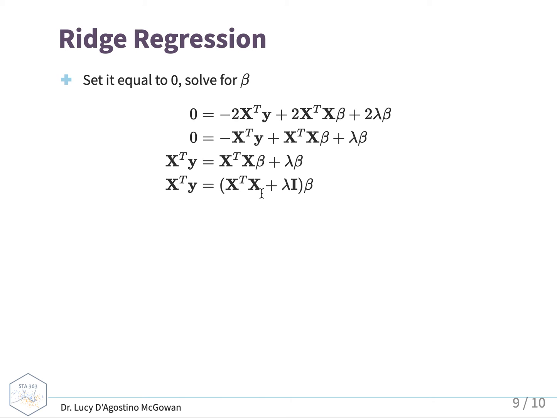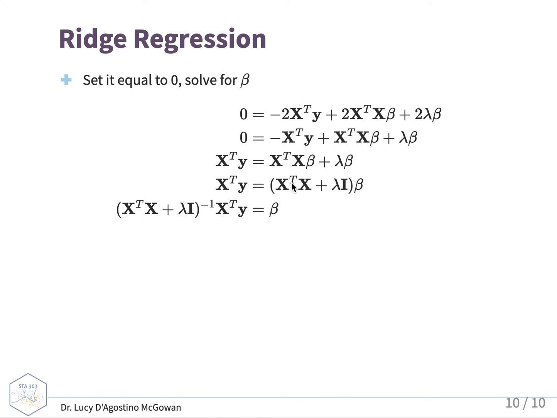So I end up with x transpose x plus lambda times I, times beta. Why did I stick this I in here? Well, lambda is just a scalar, and so in order for these two things to be added, I can add in that identity matrix, which basically sticks the lambda on the diagonal of this matrix, which is equivalent to adding that lambda term. And multiply that by beta.